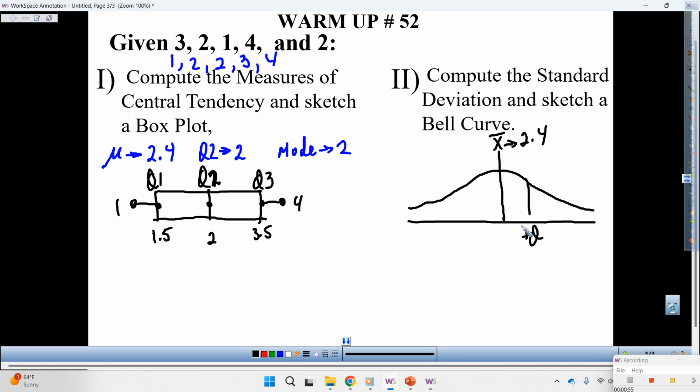One standard deviation up and down for our norm, our normal norm, which means we need a standard deviation. So share with your neighbor what you got for standard deviation, approximately.